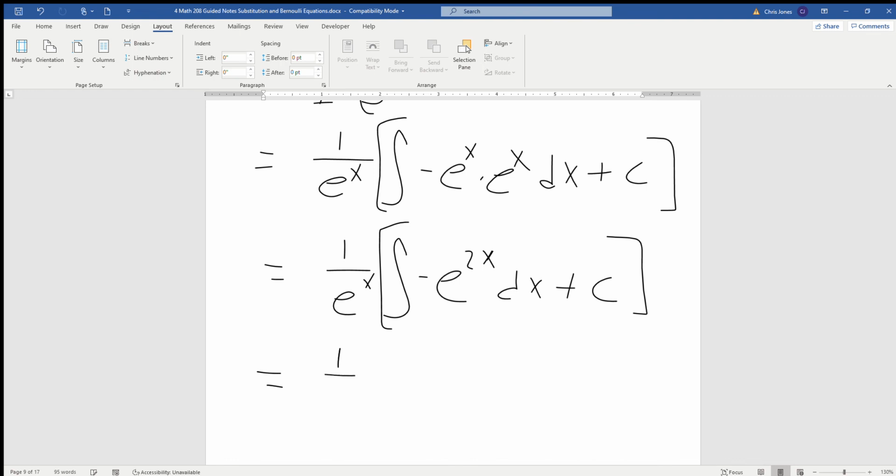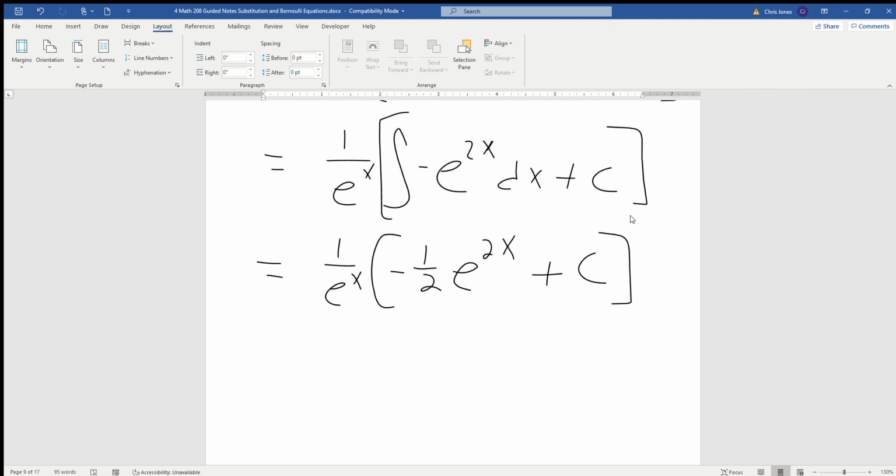We're going to be left with 1 over e to the x. If we're going to do the reverse of the chain rule, we have this negative e to the 2x. If it was a derivative, it would be negative 2e to the 2x, but because it's an antiderivative, we're going to have negative 1/2 e to the 2x. And then we still have our plus c.